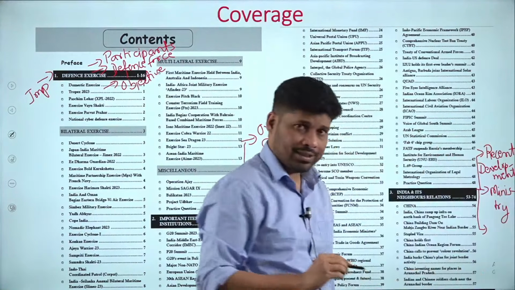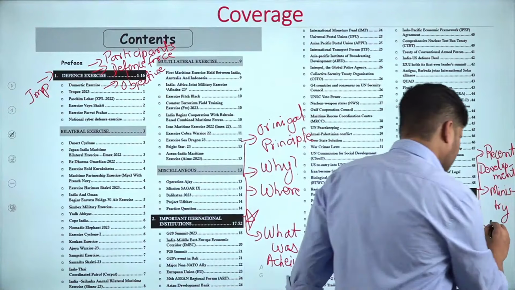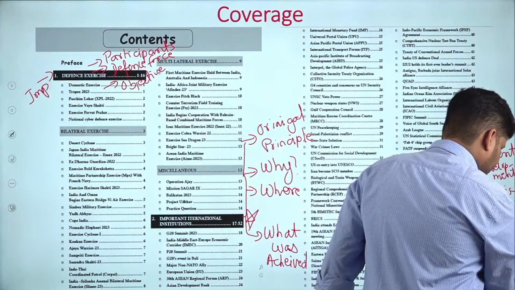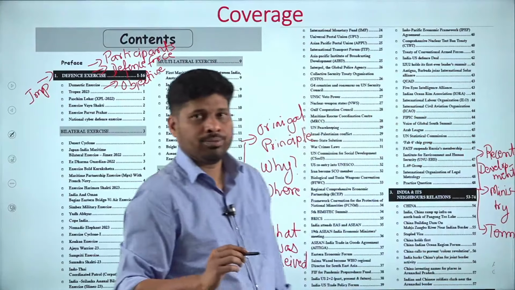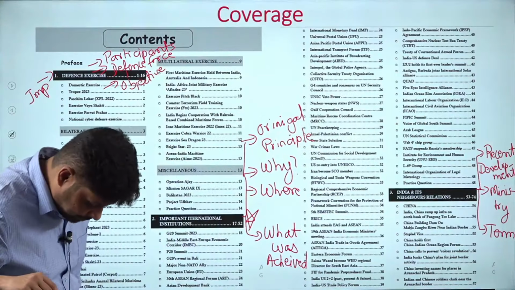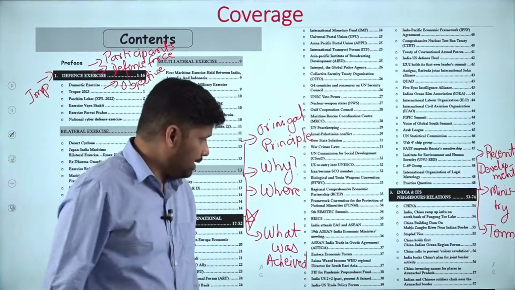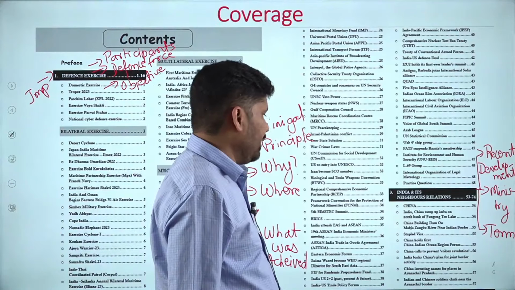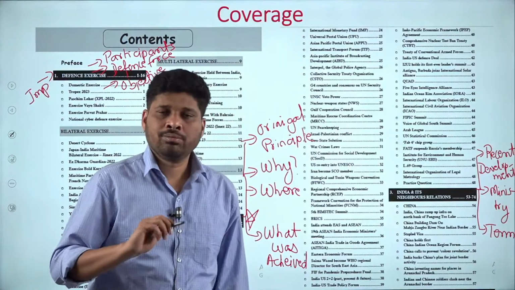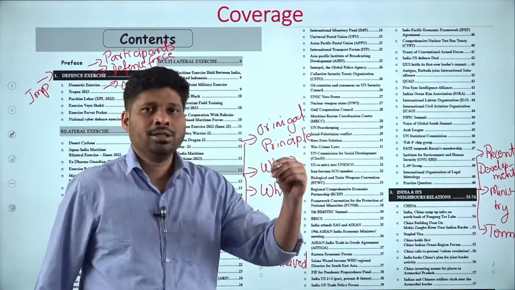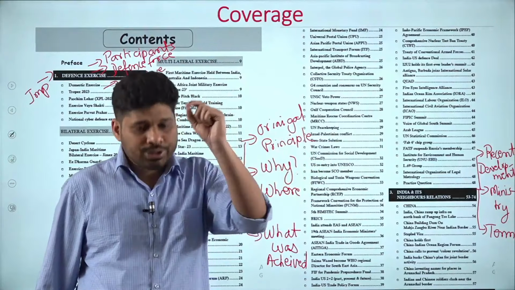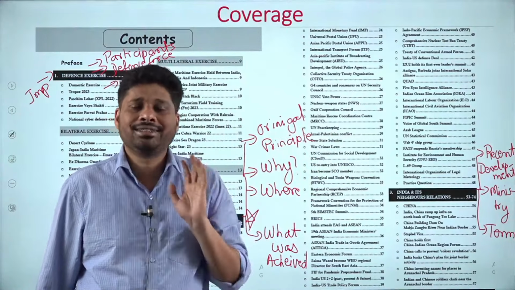Third thing that I will take into consideration is a particular term associated with India's neighbors. For example, with China, there is a very important term which is always in current affairs, and that is LAC.